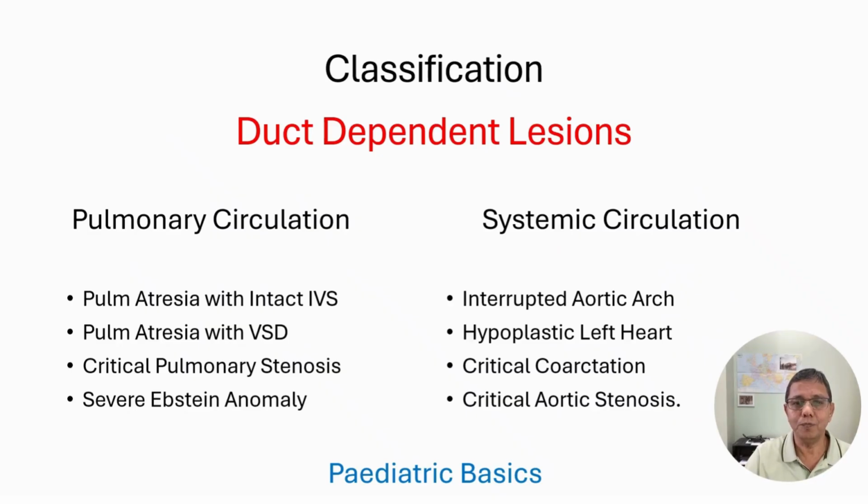Ductus arteriosus, if it is patent in an otherwise normal heart, will be a problem because that will be a left to right shunt causing overload on the heart. But there are certain cardiac conditions, as you can see on the slide, where you need the presence of the ductus arteriosus for life, and we even have to use medication to keep it open, and sometimes even do what we call balloon atrial septostomy for the survival of these babies.